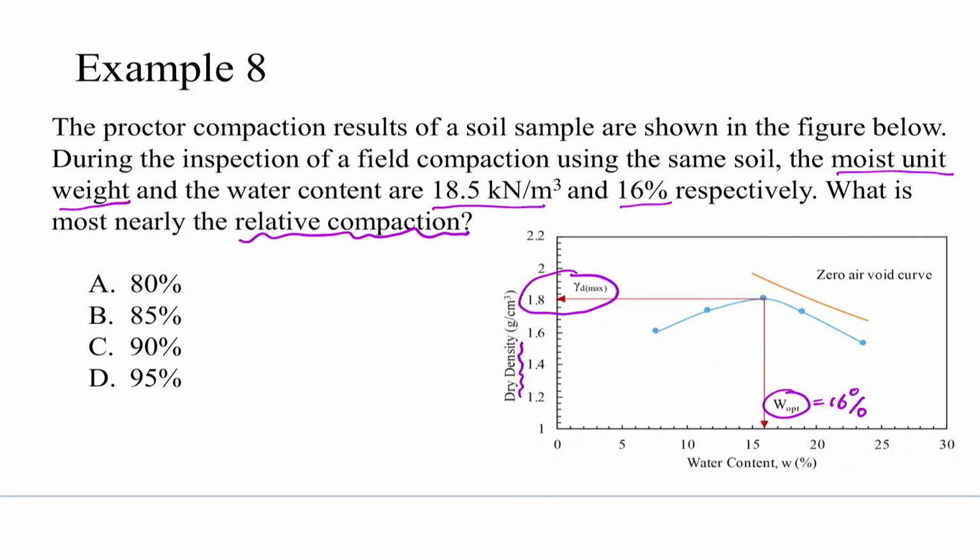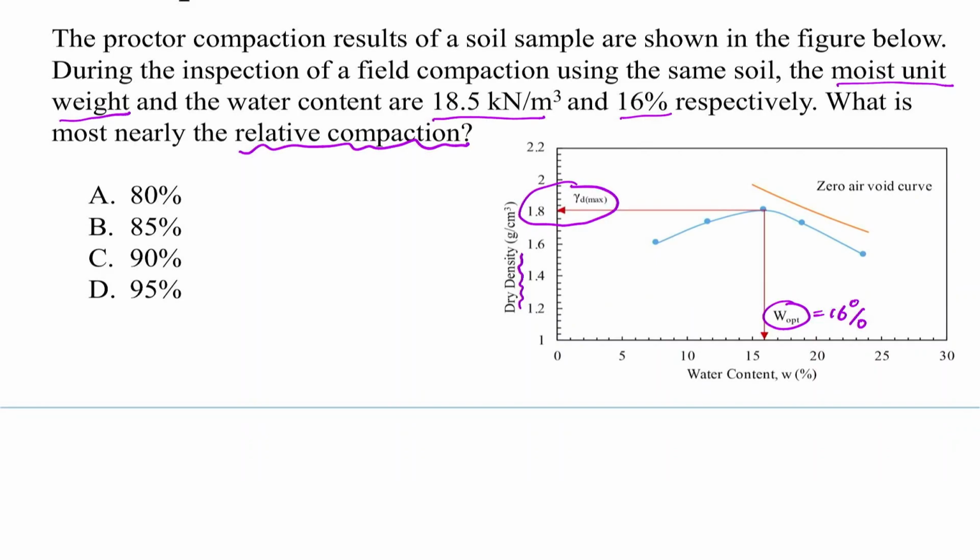So the definition of relative compaction is very straightforward. You can use the reference manual. There's an equation in the reference manual as well, but it's very straightforward, as in we're basically talking about the dry density in the field over the dry density Proctor.